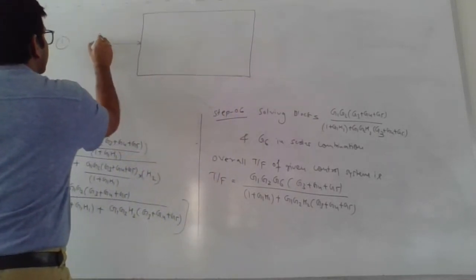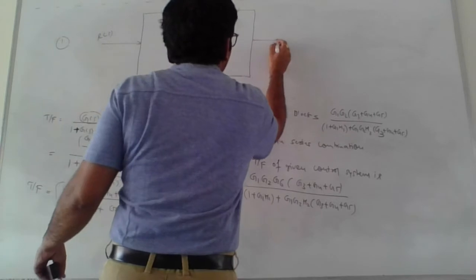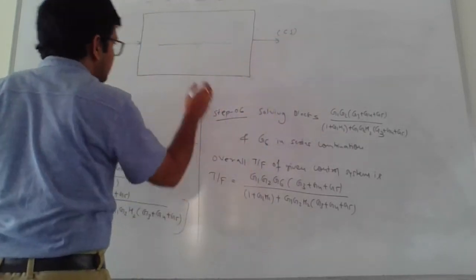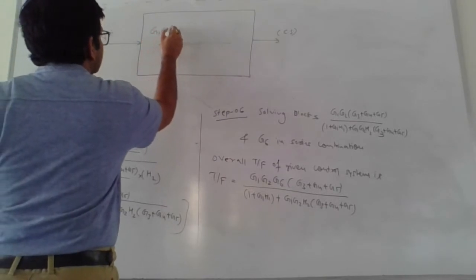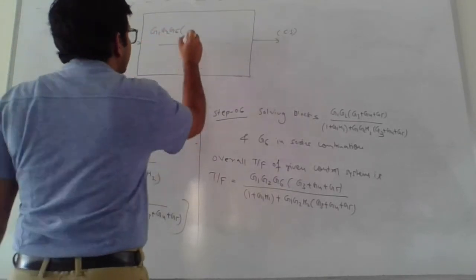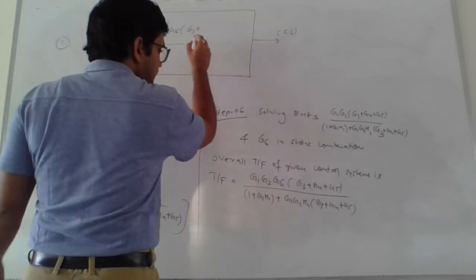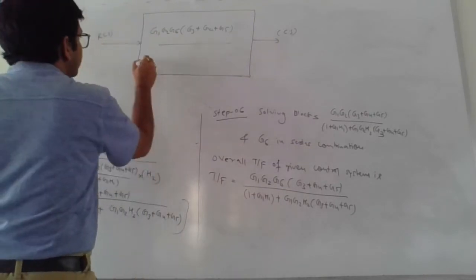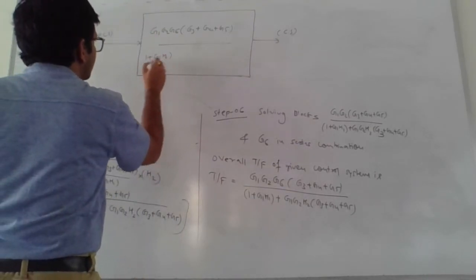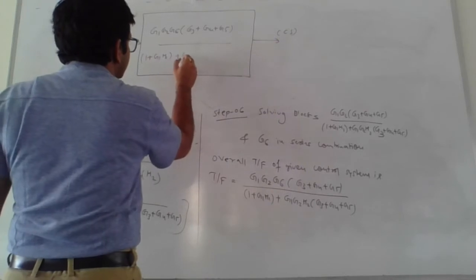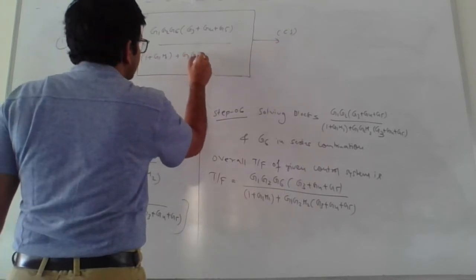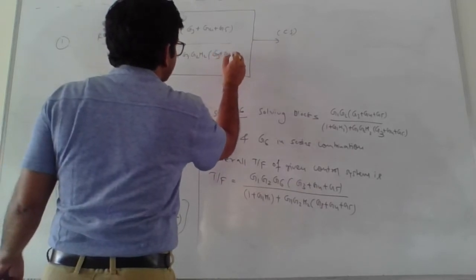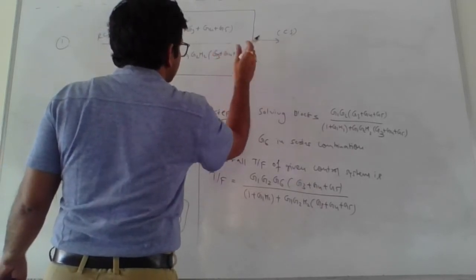So here the input is R of S and the overall output is C of S, and inside this we need to write this entire function, which is G1 G2 G6 in bracket G3 plus G4 plus G5 whole divided by 1 plus G1 into H1 then plus G1 G2 H2 in bracket G3 plus G4 plus G5.